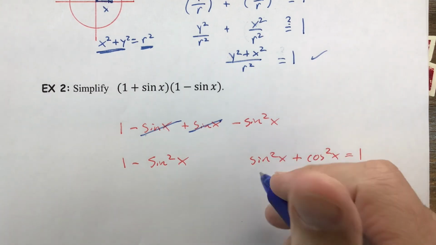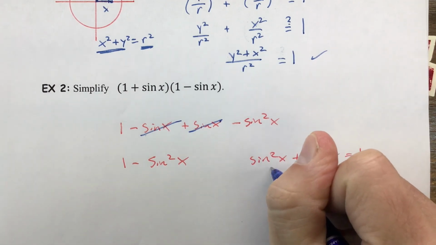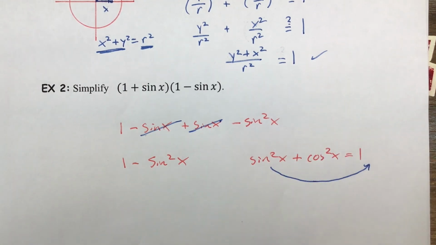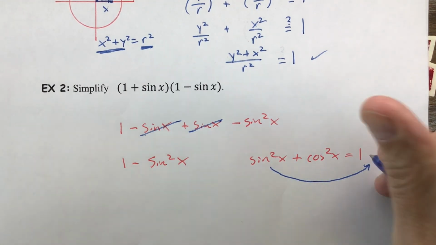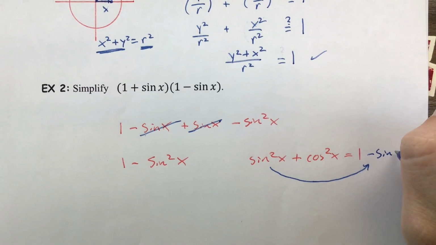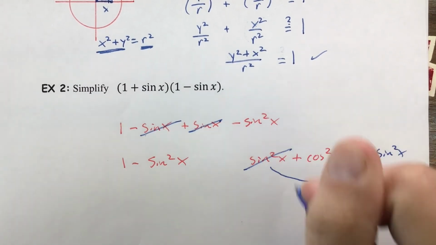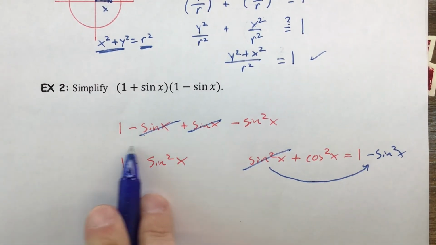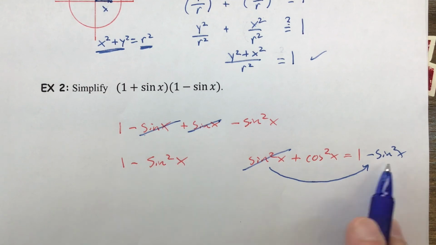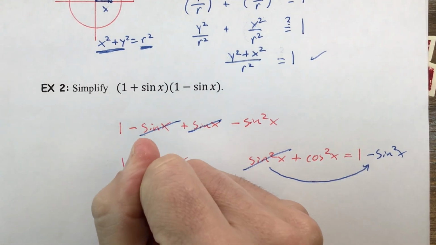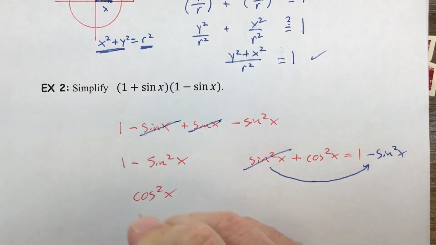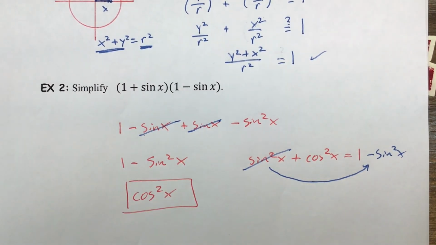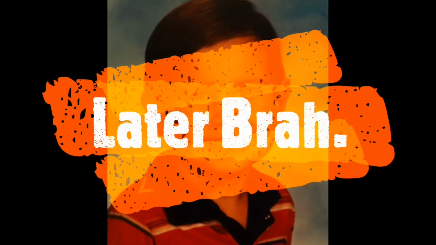Well, if you were just to take the sine squared x and move it to the other side by subtracting it, remove it from here, we get that expression. We get it over here. So that means we can continue to simplify this a little bit further down to cosine squared x. Wait, what?